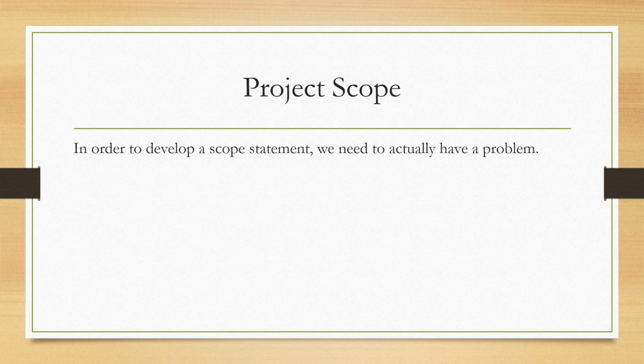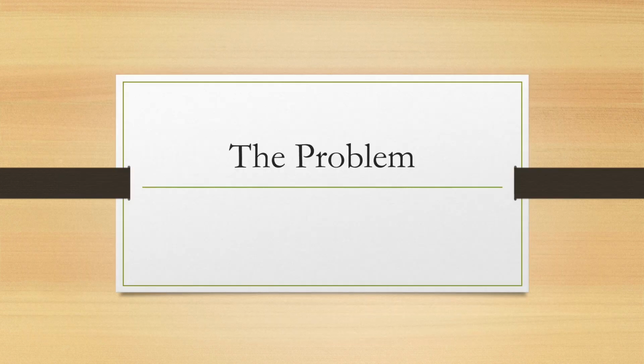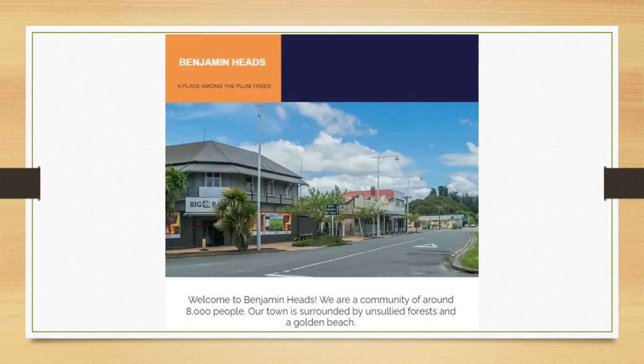So in order to develop a scope statement, we actually need to have a problem that we're going to address. So in these tutorials, this is the problem that we are going to consider. Benjamin Heads. It's a fictional community of around 8,000 people. It's a small town surrounded by unsullied forests and a golden beach.